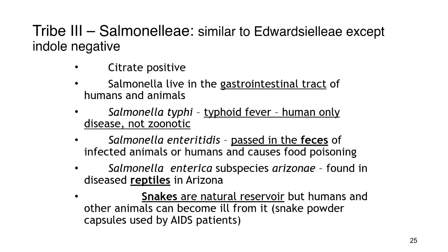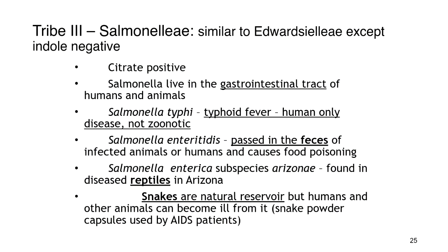Salmonella enterica subspecies arizonae is found in diseased reptiles in Arizona. So again, if you had a desert tortoise that came from Arizona and it was sick, or you got sick after handling it, it may be Salmonella enterica arizonae. And snakes are a natural reservoir. But again, humans and other animals can become ill.